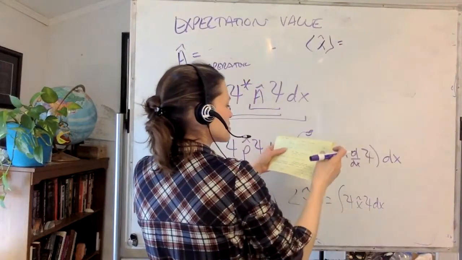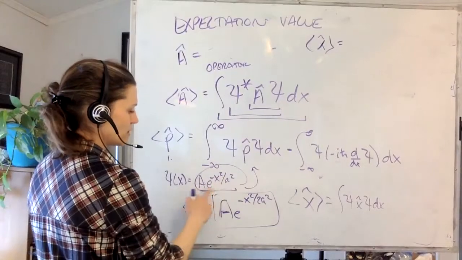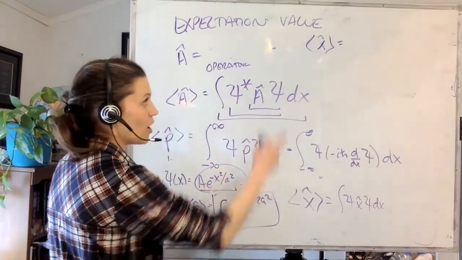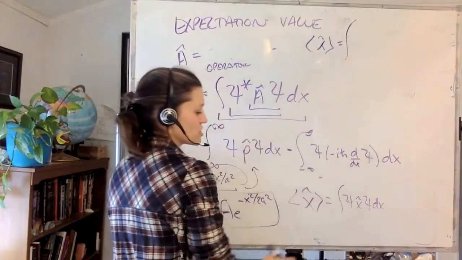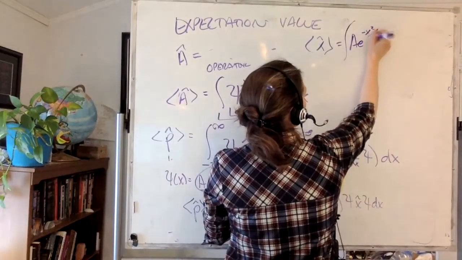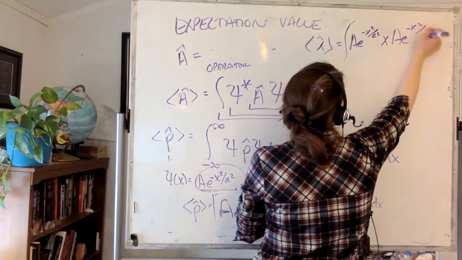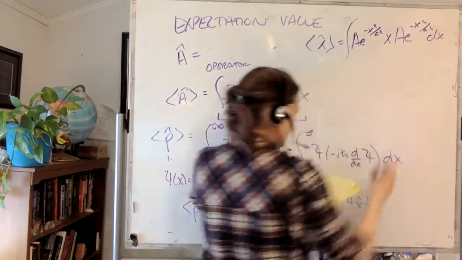Okay, so the position operator, I'm going to now put in my A e to the minus x squared over a squared into my expectation value here, and I'm going to get A e to the minus x squared over a squared times x, A e to the minus x squared over a squared dx.